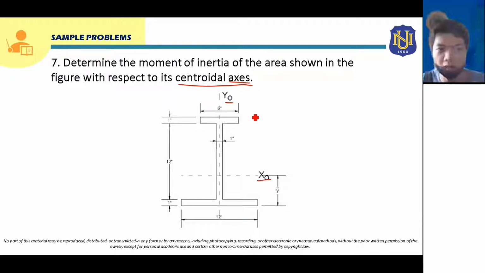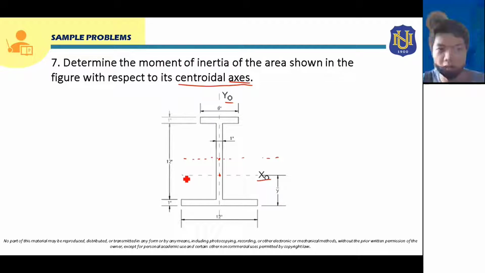So its centroid will not just be somewhere here, because if you draw an x-centroidal axis here, it will not be balanced. The area above will not be balanced with the area below, right? That's why the location of its centroid will more likely be somewhere here.